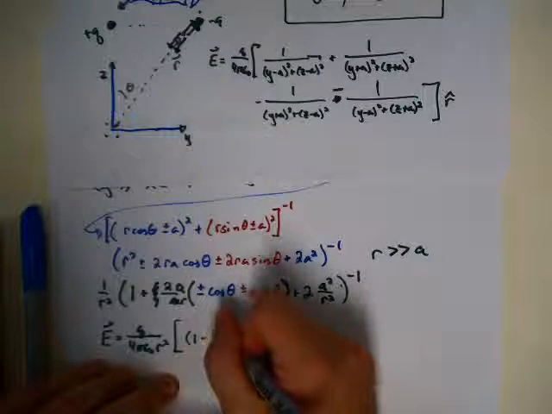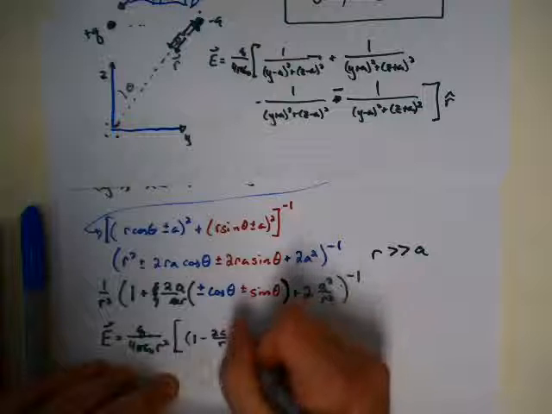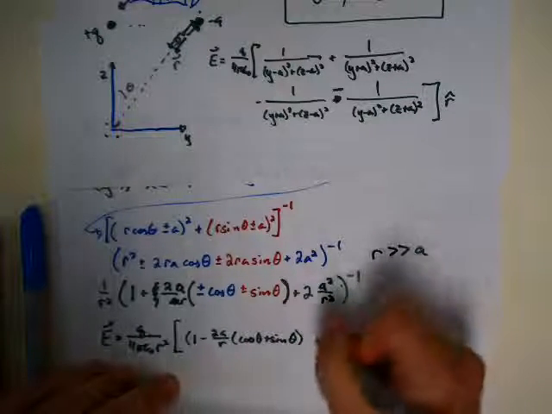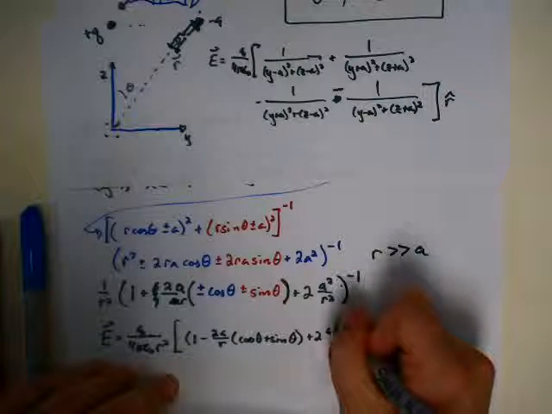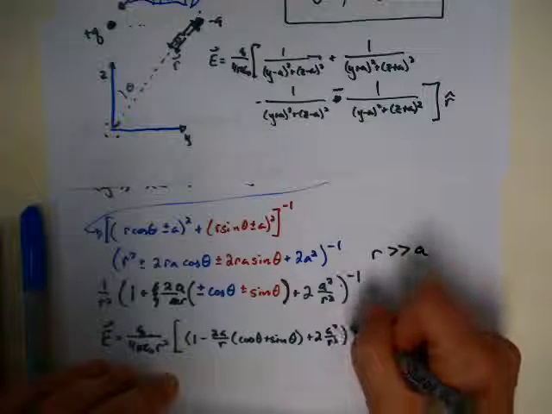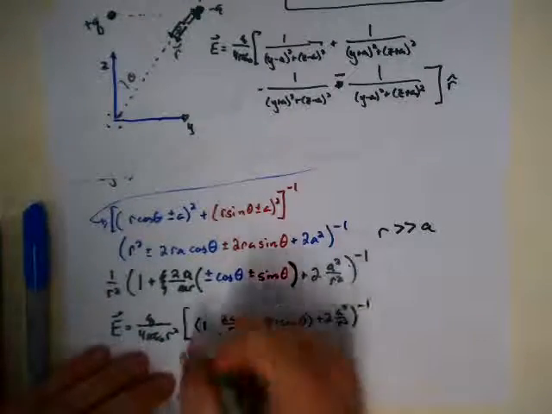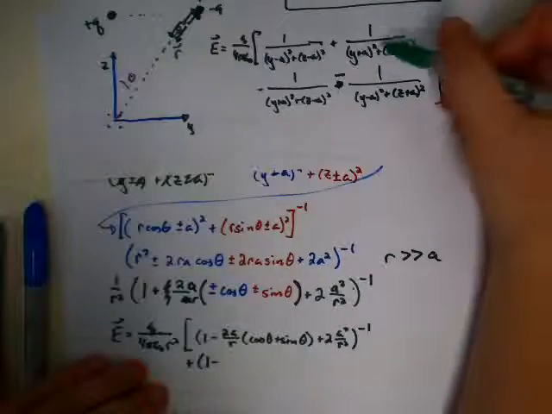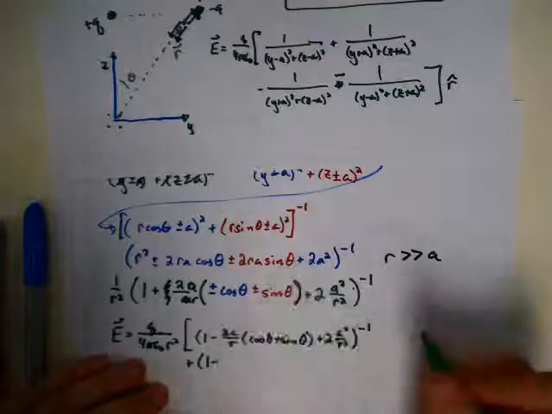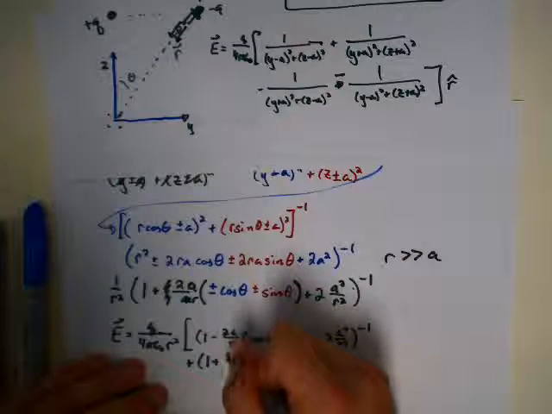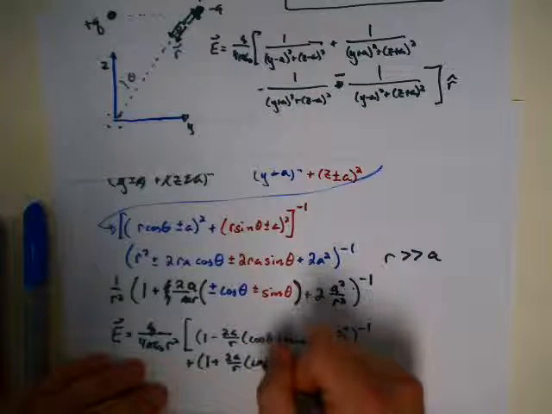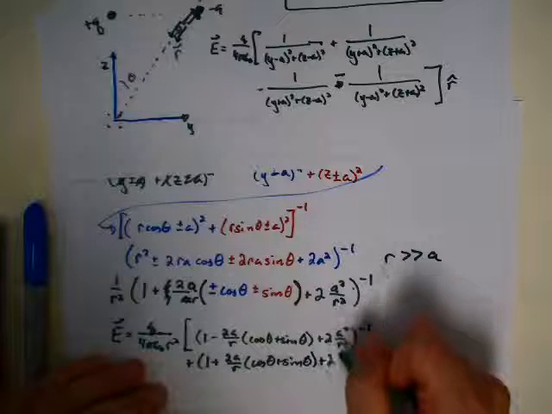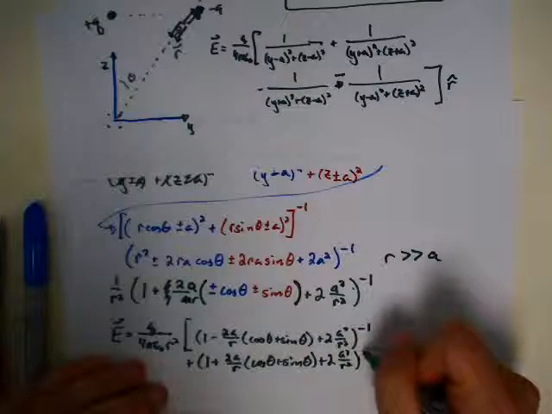So minus 2a over r cos theta plus sine theta plus 2a squared over r squared minus 1 plus 1 minus, and so that's this one. This will be plus, not minus, plus 2a over r cosine theta plus sine theta plus 2a squared over r squared.